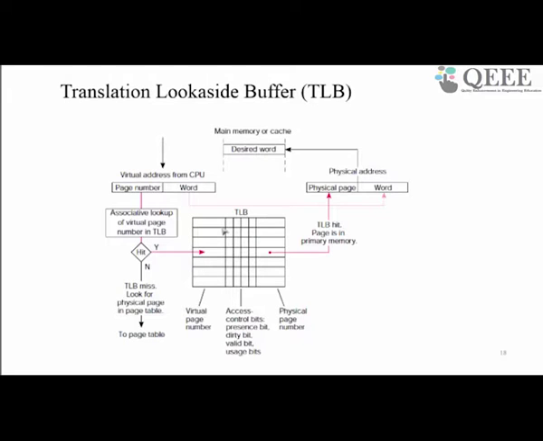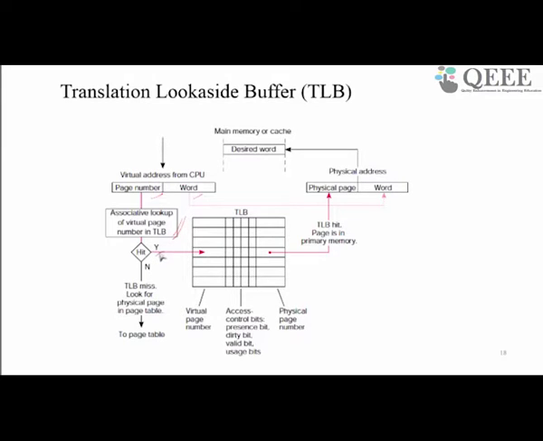Given a key, it will compare the search key in parallel with the keys stored in different locations and will give out whether there is a hit or a miss in a time that takes only one comparison time. So given the virtual address in terms of the page number and the word offset, we associatively look for this page number in the TLB.